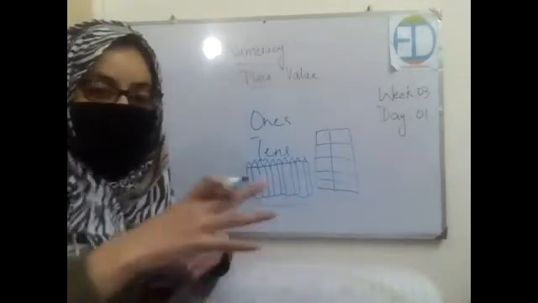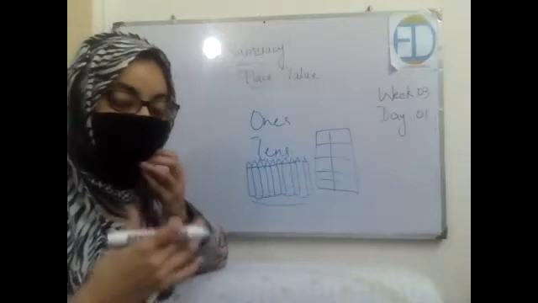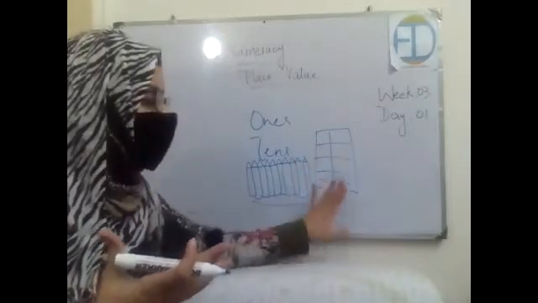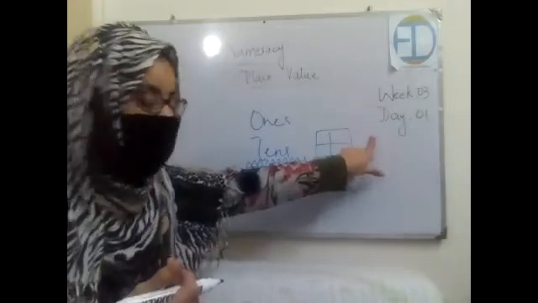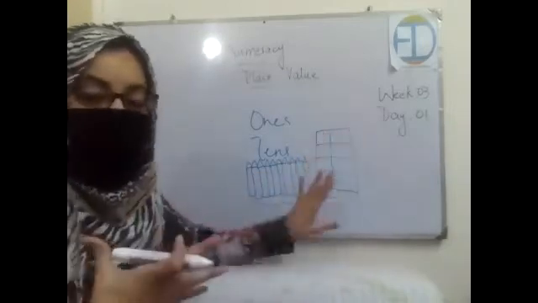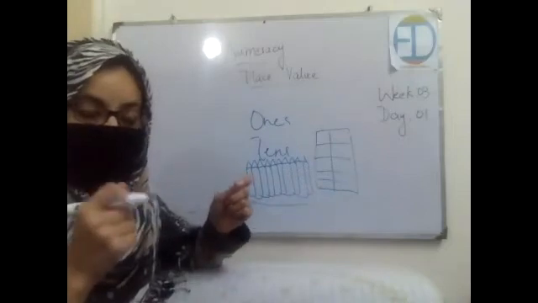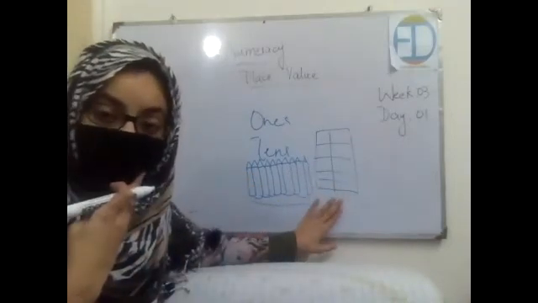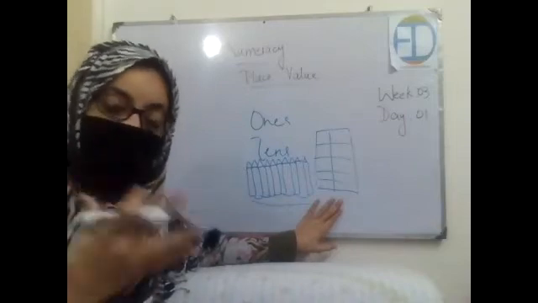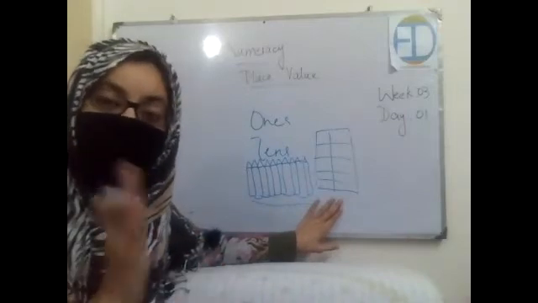But if I count them individually, how many ones are there? There are 10 ones. This is one single bar. If we broke this chocolate into small, equal pieces, how many parts would we get? 10. Excellent. So how many ones are there in this? 10 ones.